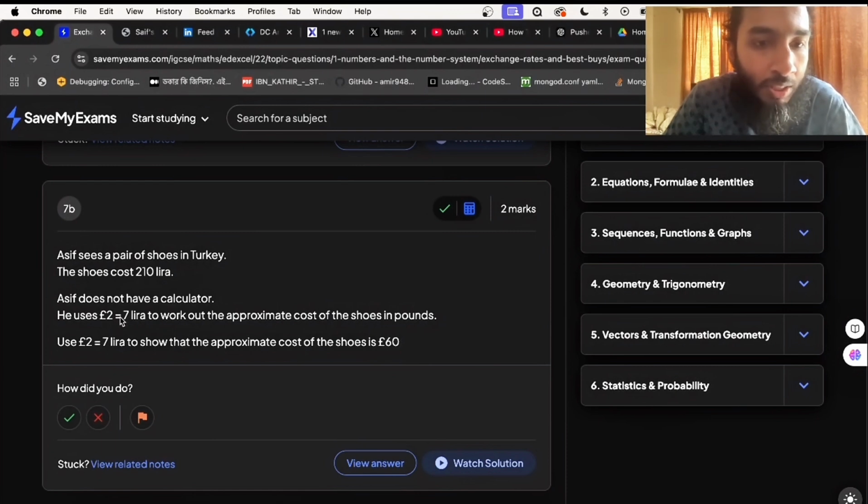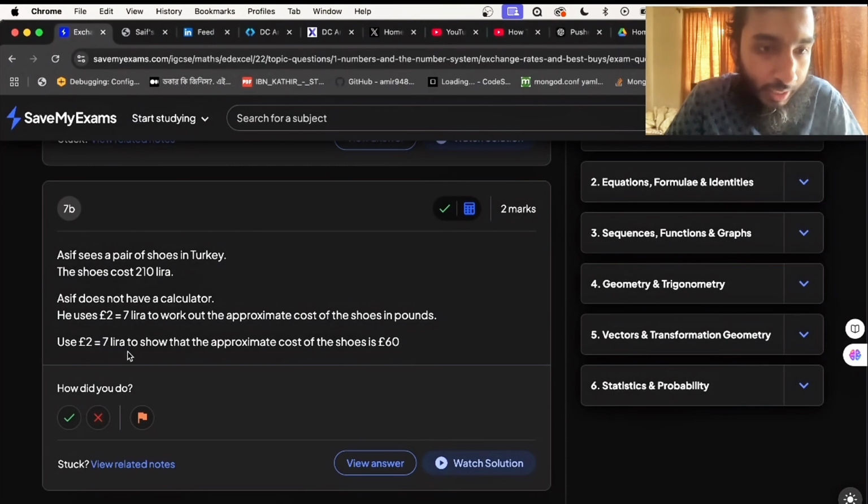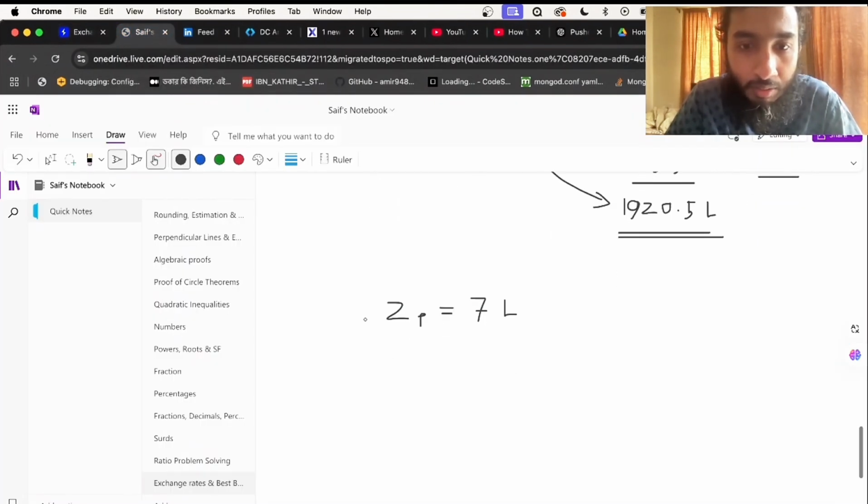The information given here is £2 equals 7 lira. So the exchange rate is £2 equals 7 lira. I use this to show the approximate cost of the shoes is 60 pounds. So a shoe costs 210 lira. We can also write this as 7 lira equals 2 pounds.